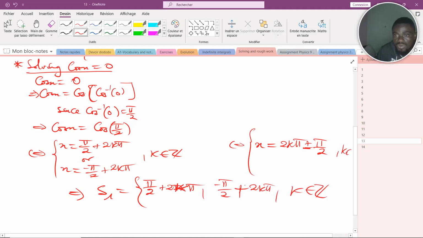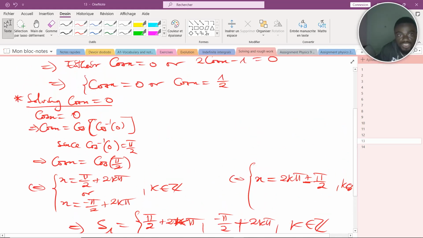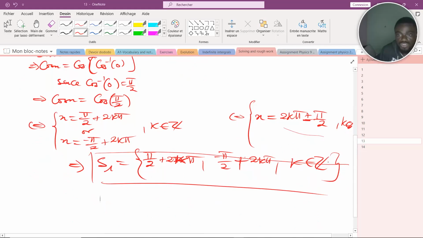Here, k belonging to Z. So you can give the general solution for this first one as this or this. Is that okay? So this is the first general solution.